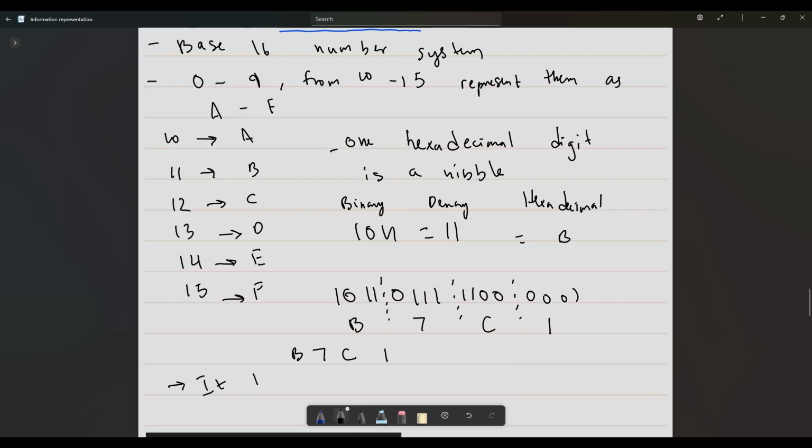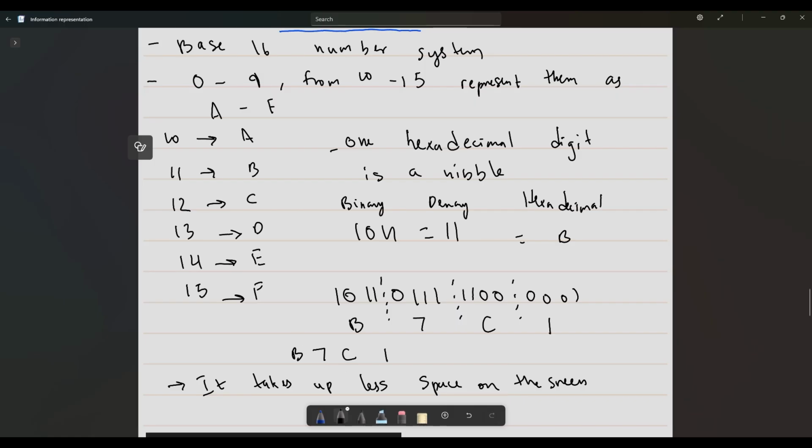It's easier to read compared to whatever this monstrous number is in either binary or denary. That's why they usually use it in error codes.